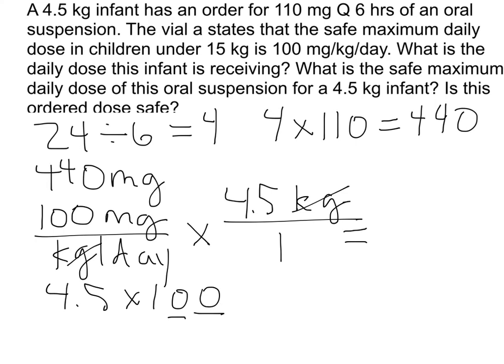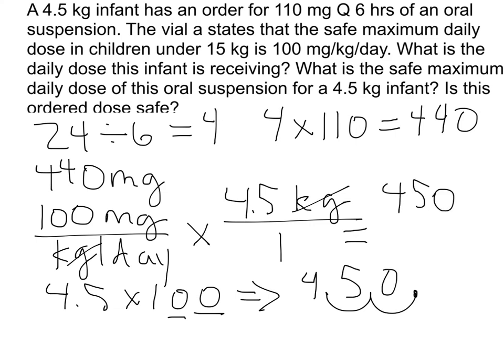So we can just move the decimal place over 2 times. Right? So 100 times 4.5 is 450 milligrams per day. That is our safe daily maximum, 450 milligrams.